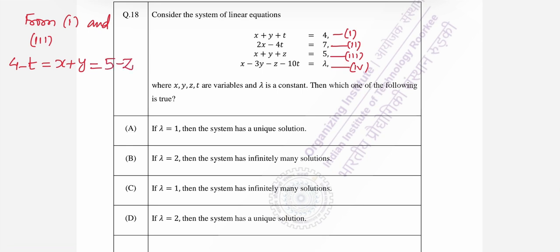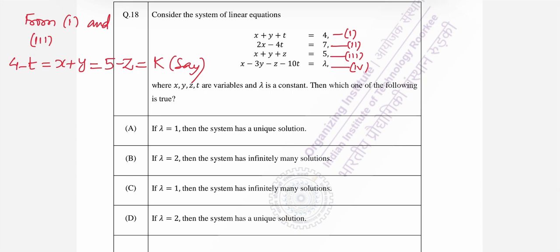Okay, I think you are clear. And you see on the screen 3 things are equal, so let these 3 things be k. Okay, from here we can find the values for x, y, z, t in terms of k.